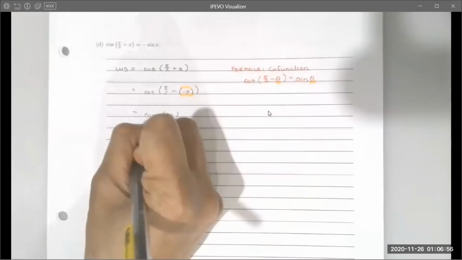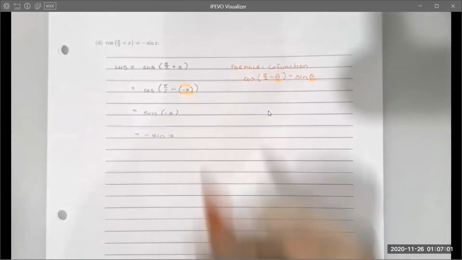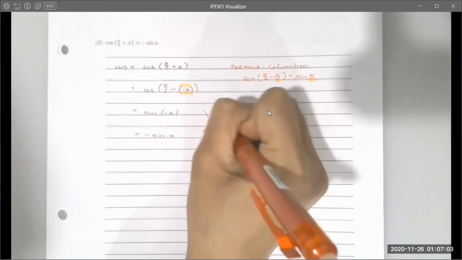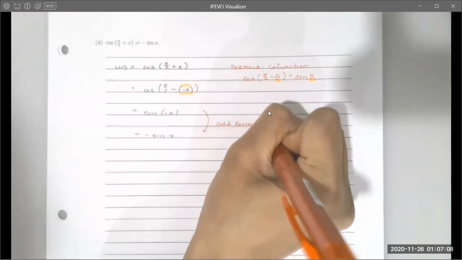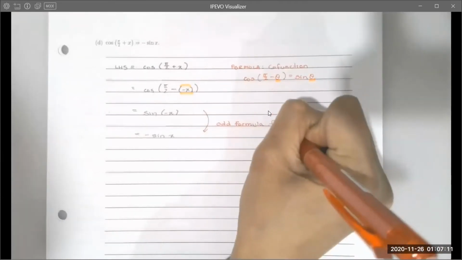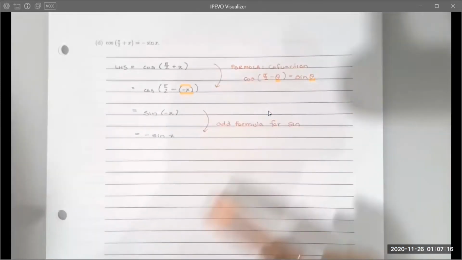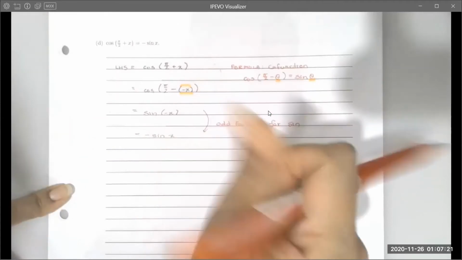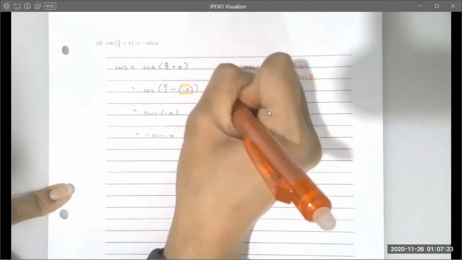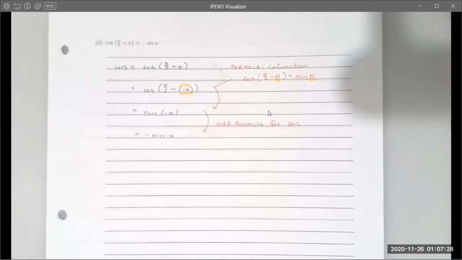So this is going to be negative sine of x, and what we're using is the odd formula for sine. Actually, let me be careful here. That wasn't applied at that step. We applied the formula from this step to this step. All right, so questions there?